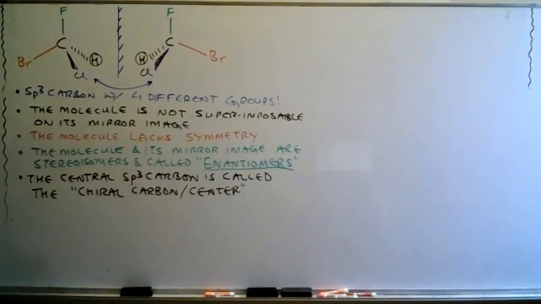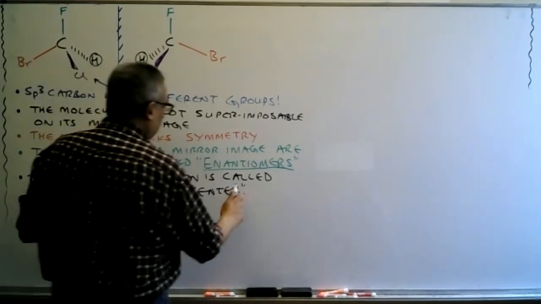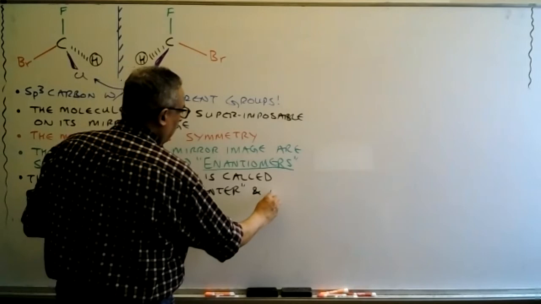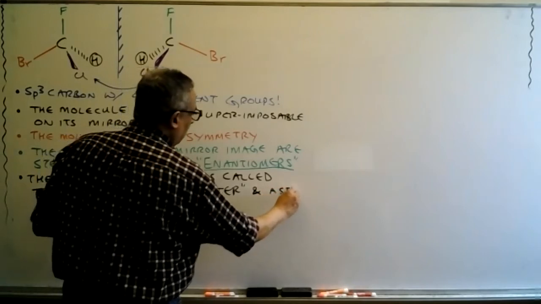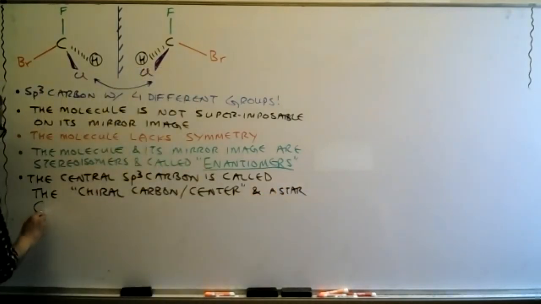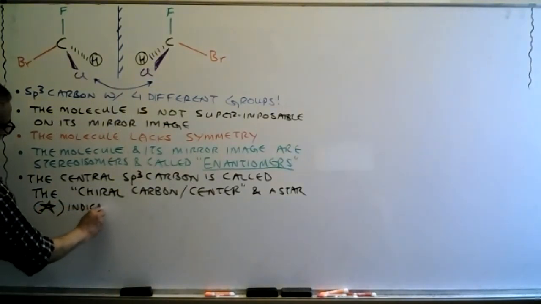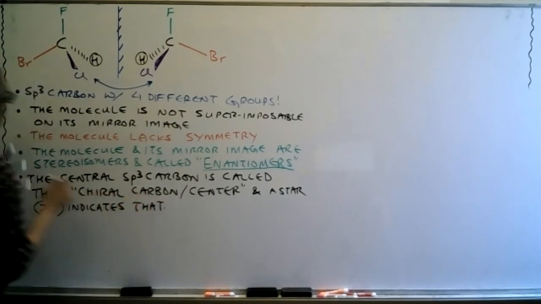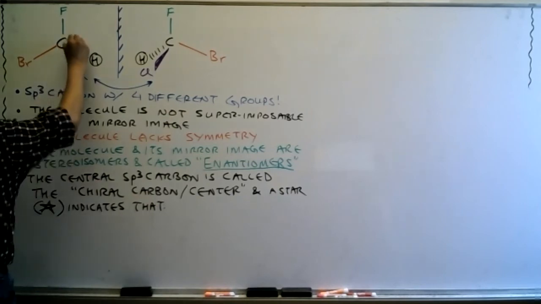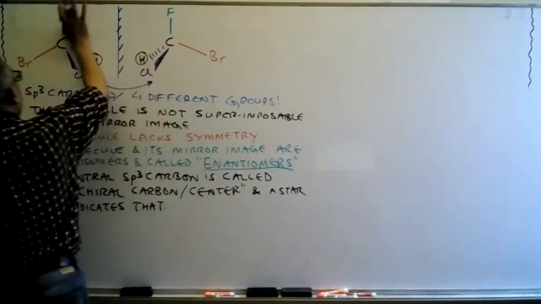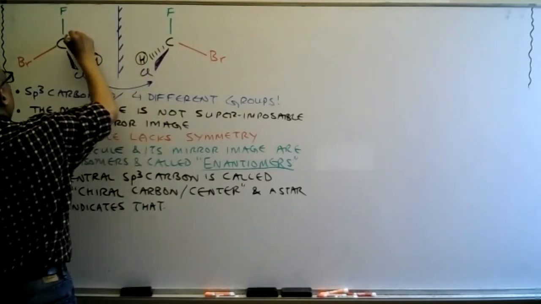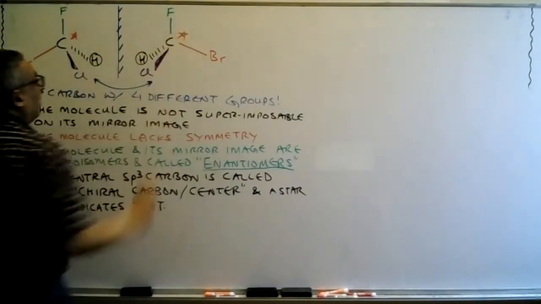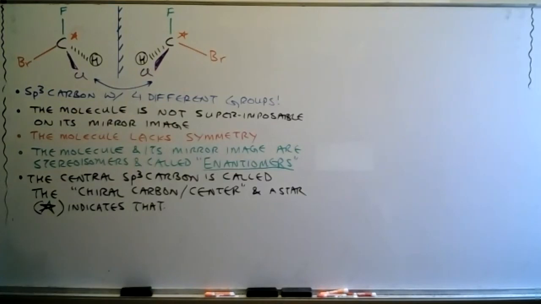I can't think about anything else. Chiral carbon, chiral center, and a star like this, asterisk, indicates that. Okay, we put a little star here. Okay, what else? I think that's it.